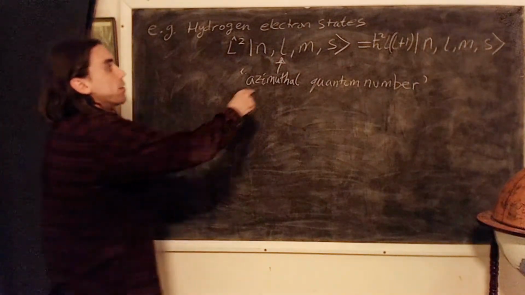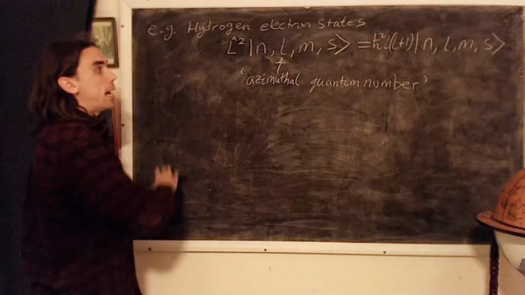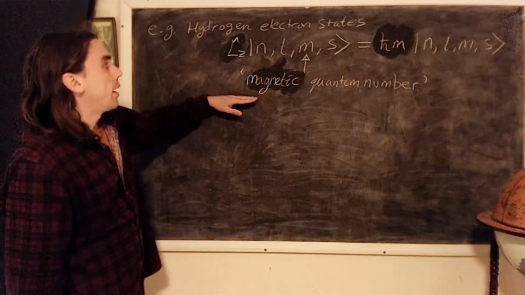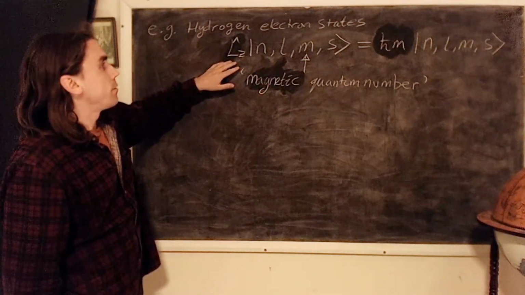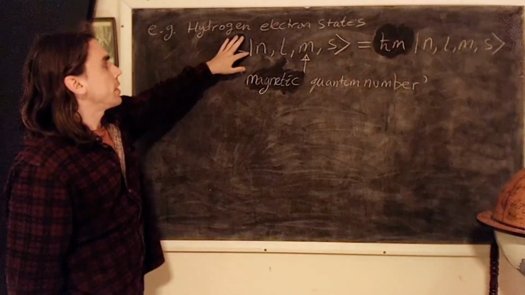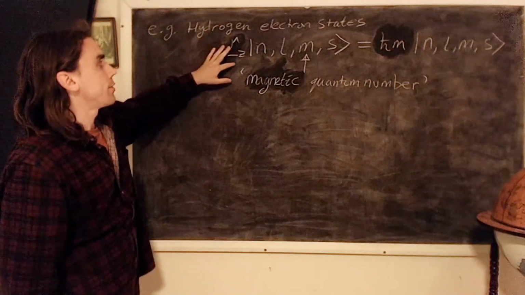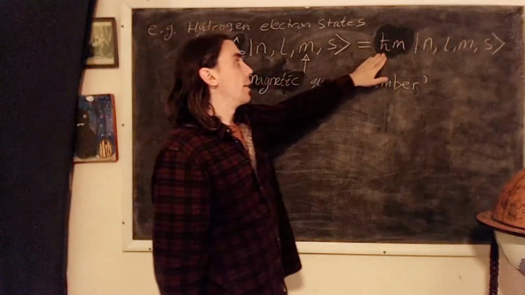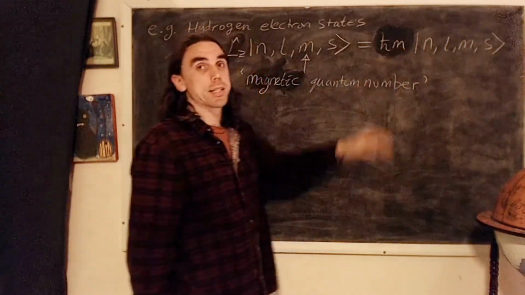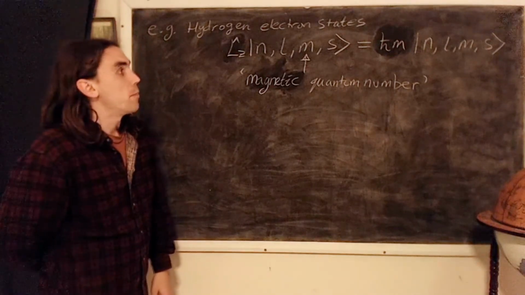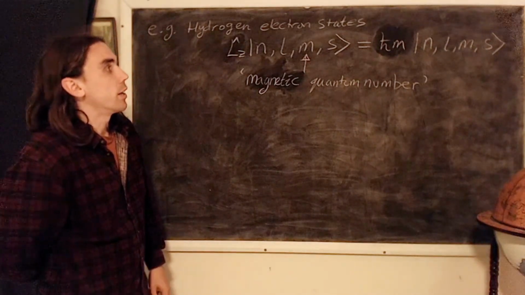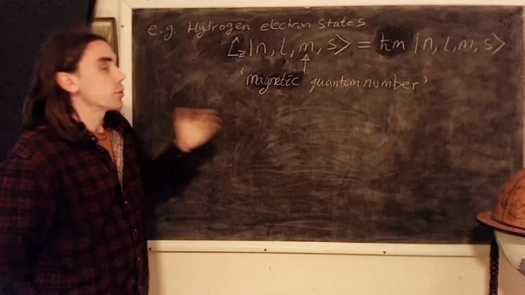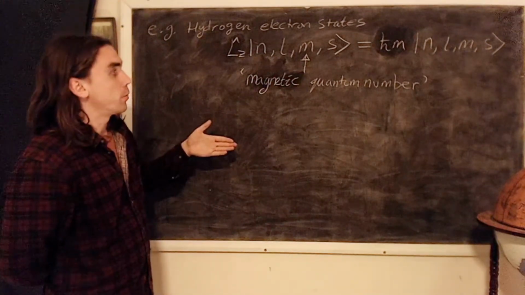We also have the quantum number m, which is called the magnetic quantum number. For the z component of the angular momentum, this operator returns the eigenvalue h bar m when acting on this state, where m is an integer which ranges from minus L to L. And again, we'll see much more of this when we look at angular momentum in more detail.